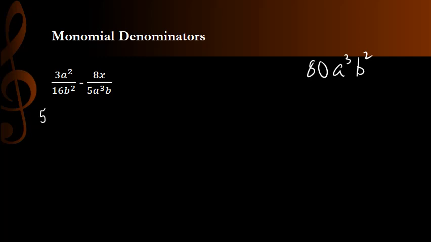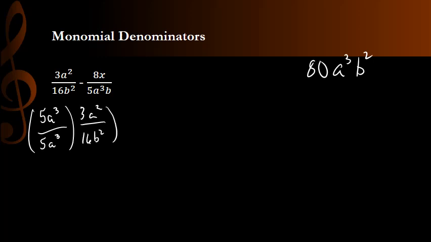So I've got 5a cubed over 5a cubed. That's just 1. I'm going to multiply it times 3a squared over 16b squared.